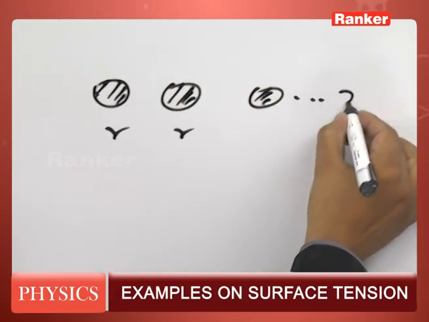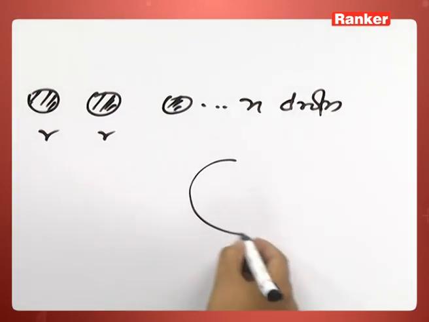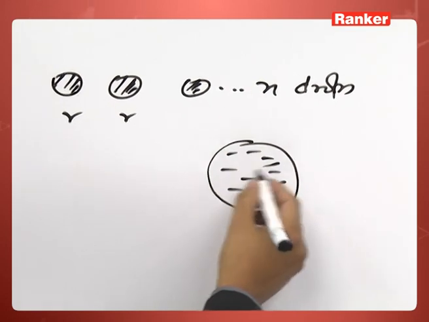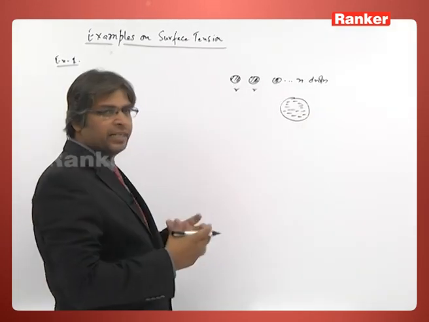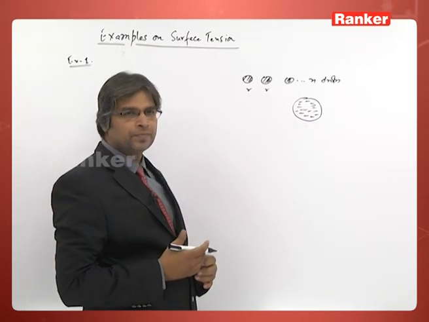This is n drops, and when I mix them, it becomes a big drop. Find the energy liberated, the heat produced in such a mixing process.